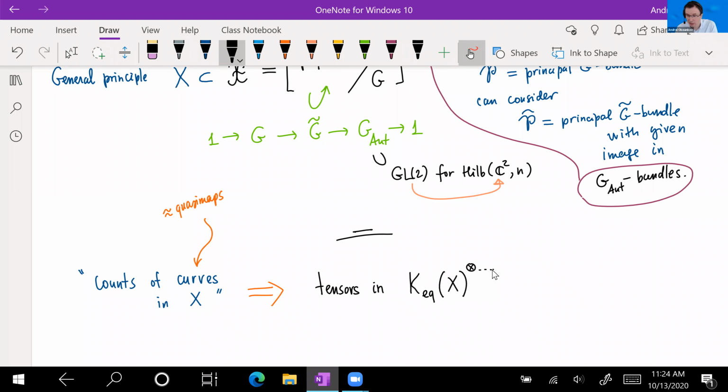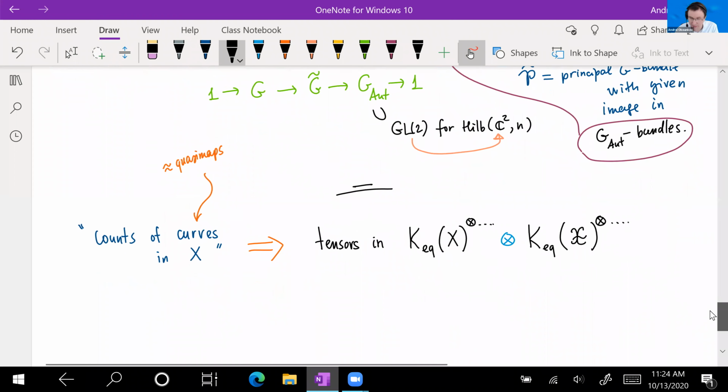But we should also allow the possibility that sometimes, instead of taking values in X, we take values in the K theory of the stack. So the shape of the answer is a tensor like that.